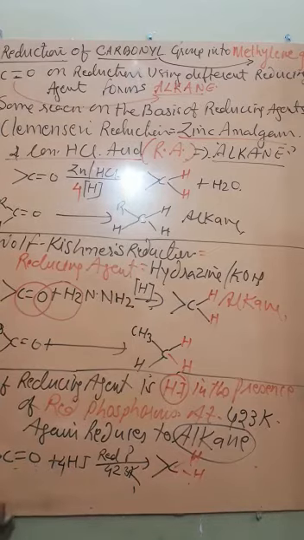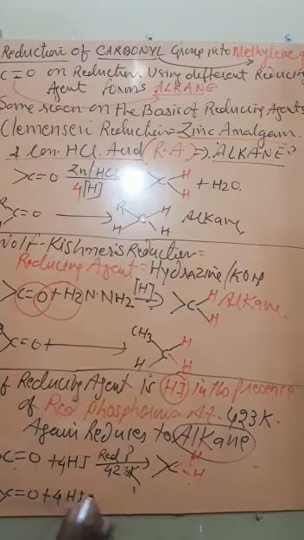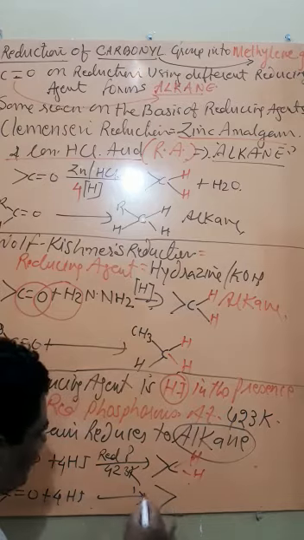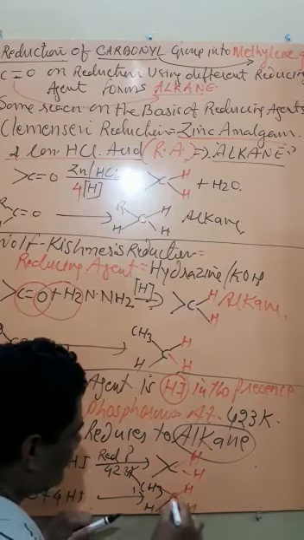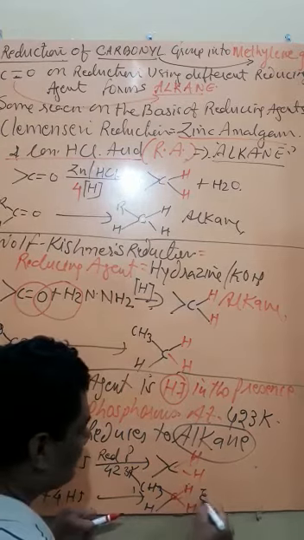Right here. If you are taking CH3, C and H, or even ketone, the same reaction will take place. 4HI will form in the same situation. CH3, H, and this is H and H. That is what? Again, ethane.